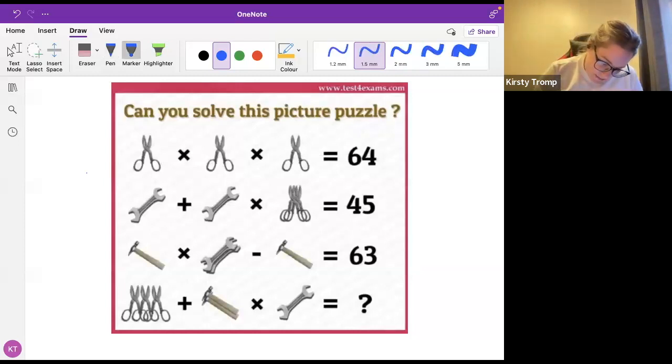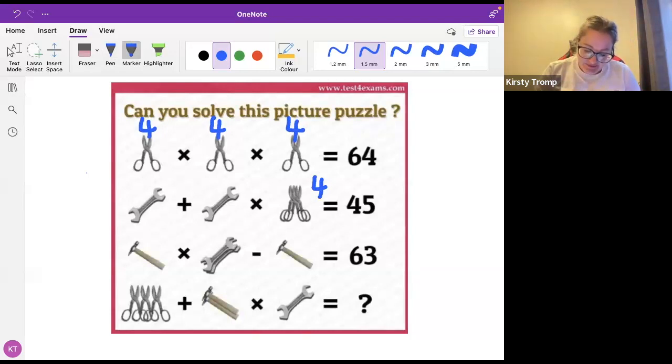What about the number 4? Okay. What about 4 times 4 times 4? It's 64. Ah, okay. So now my scissors are all what? They are all 4s, hey? Yes. Okay. Does that make sense?